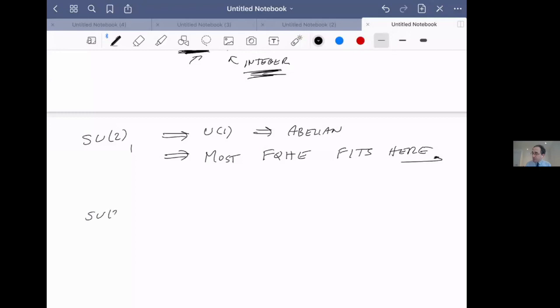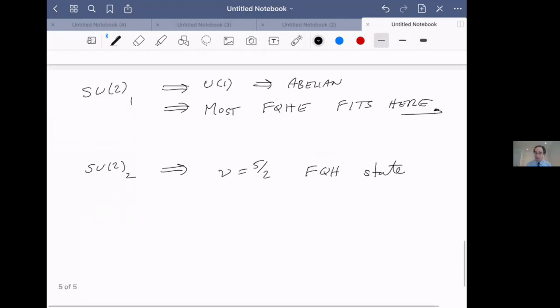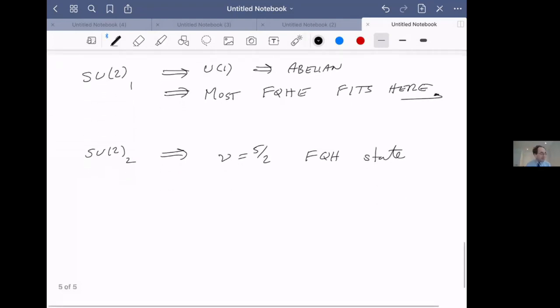SU2 level 2 is more interesting, and maybe the most prominent of the SU2 level 2 phases of matter that we're familiar with is one particular fractional quantum Hall state. We'll say more about fractional quantum Hall effect later. Helium-3A film.